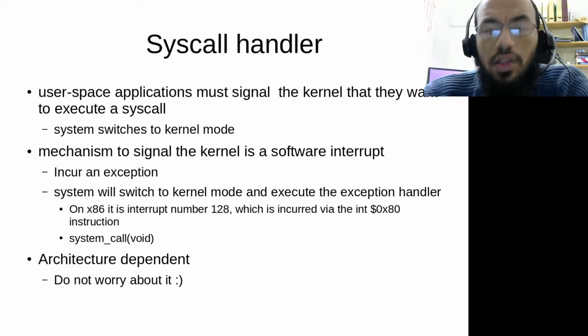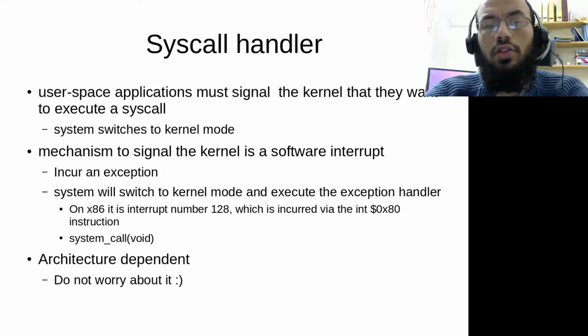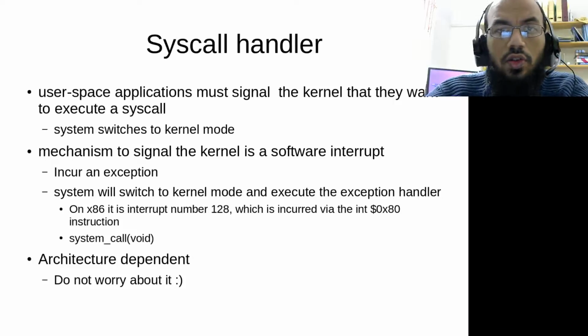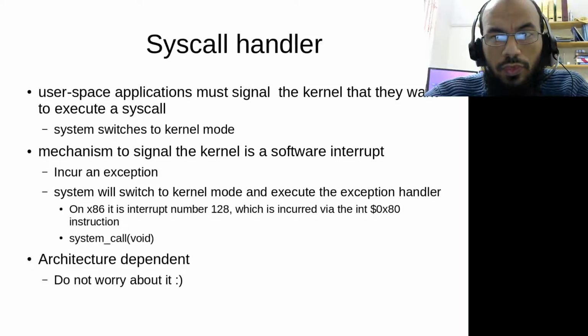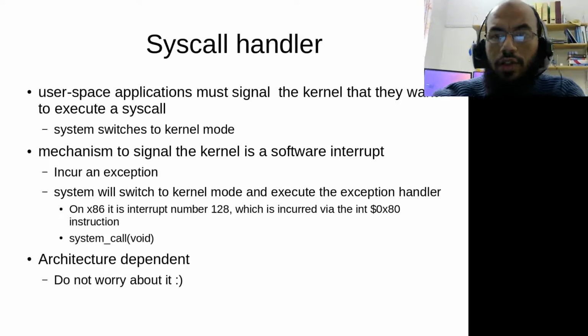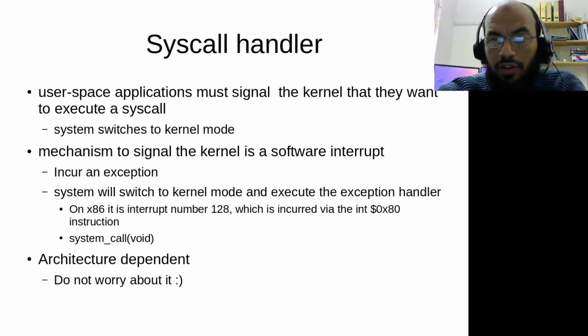Let's talk about how the kernel actually uses or manages the syscalls. The kernel uses what is called a syscall handler, and a syscall handler is basically an interrupt handler. It's an exception handler for the system call.